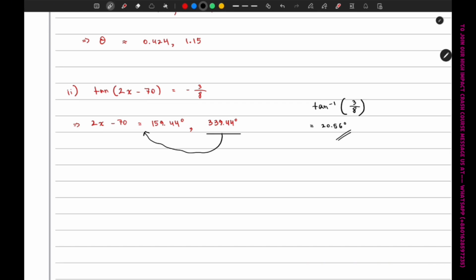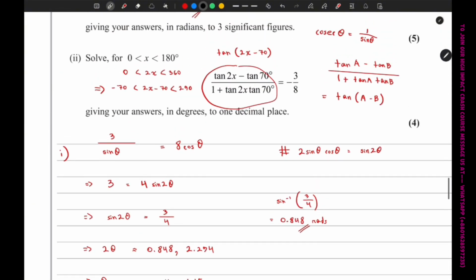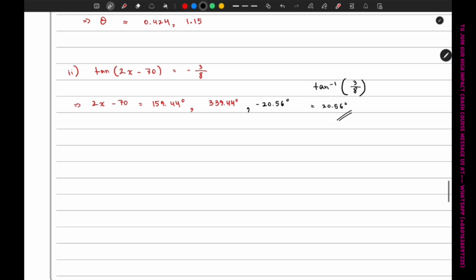If you don't, I will make a video on it if you want. So if we subtract 360 from this, we will get negative 20.56 degrees, which is in range, and then just erase the other solution.